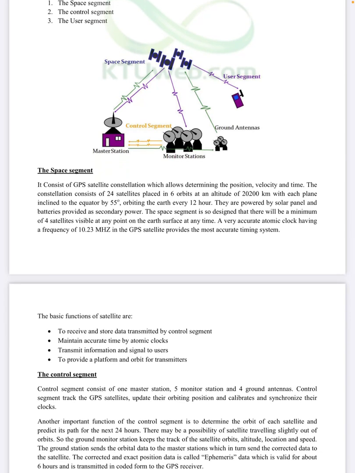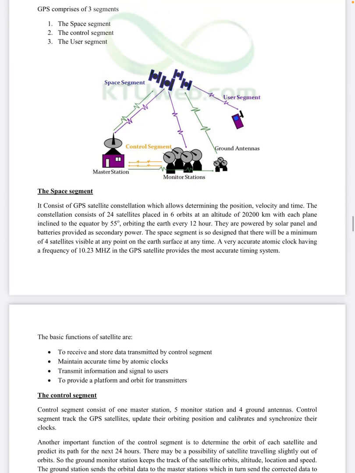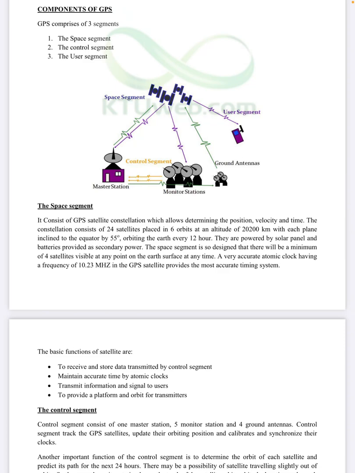We already know that it consists of the GPS satellite constellation, which allows determining positions. With the combined effect of these 3 segments, we locate the position of an object. In the space segment, 24 satellites are located in 6 orbital planes at an altitude of 20,200 kilometers, with each plane inclined at 55 degrees.